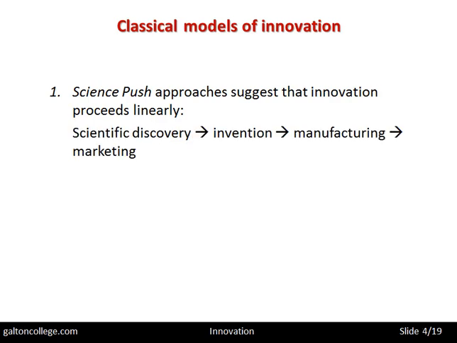So the type of situation we've got here is scientific discovery, perhaps at a university or at a research center. There is some breakthrough, and that leads to the invention of something. The invention is then led on to manufacturing, and the manufacturing leads to marketing.